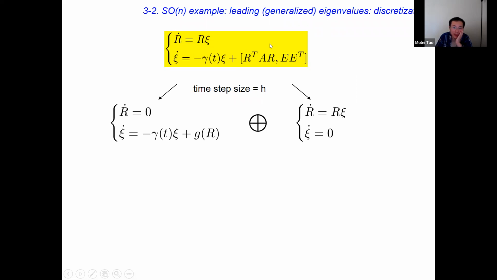The way we do it is we use an operator splitting idea. We view the vector field associated with this dynamics as the sum of two vector fields, and I evolve each one of the vector fields respectively. The first one has a 0 for the R component, and the second one has a 0 for the Kc component.